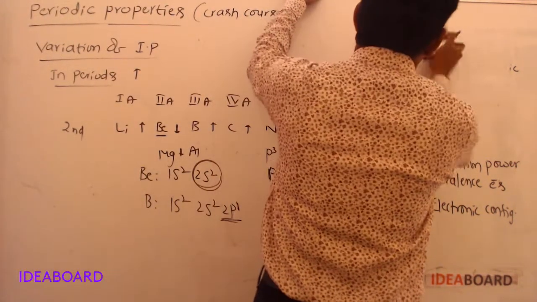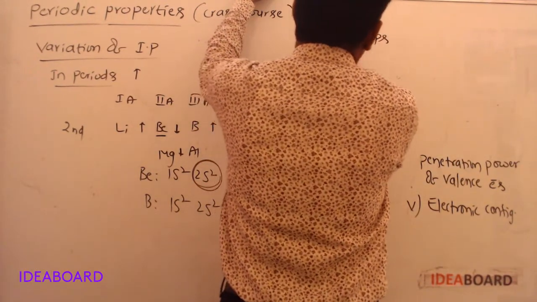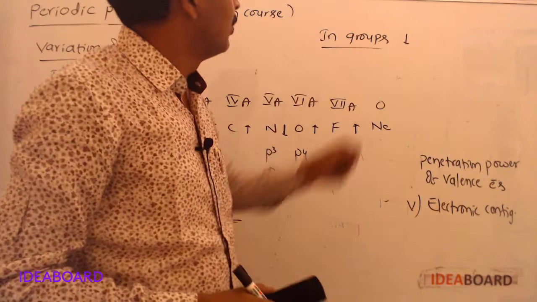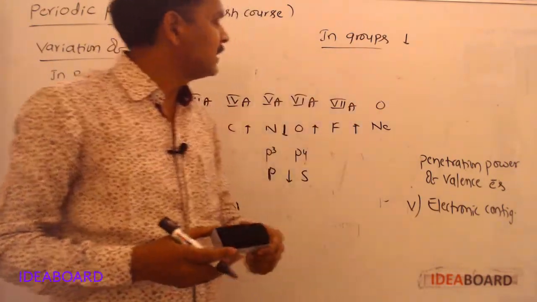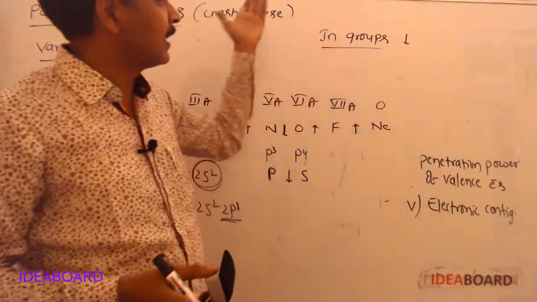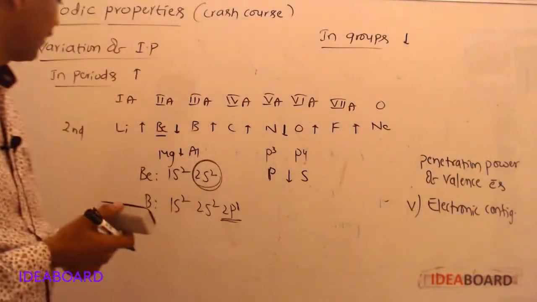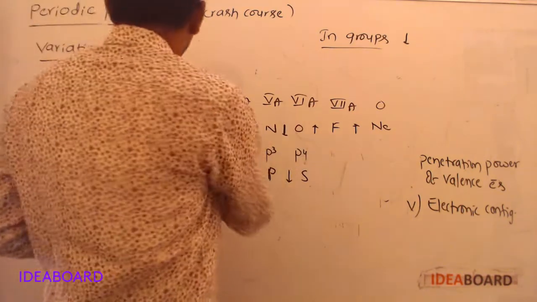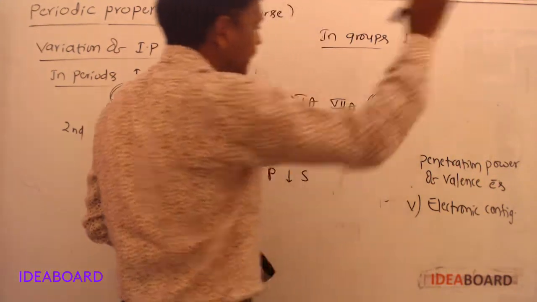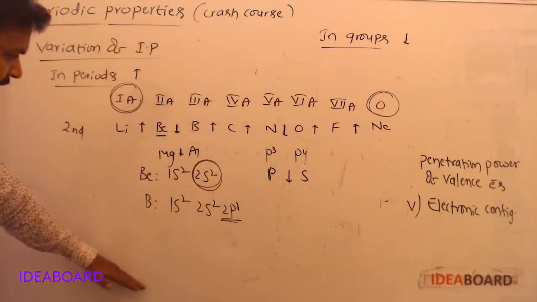Next, in groups. In groups, IP decreases because going top to bottom, as atomic number increases, atomic size increases. As atomic size increases, the nucleus force of attraction on valence electrons decreases. So in the periodic table, first A group elements have the lowest IP value and zero group elements have the highest IP value, because left to right increases and top to bottom decreases.